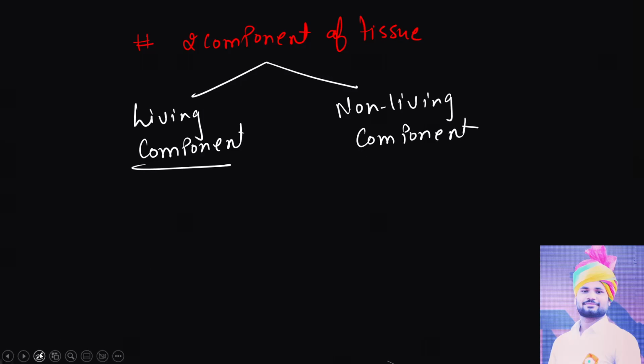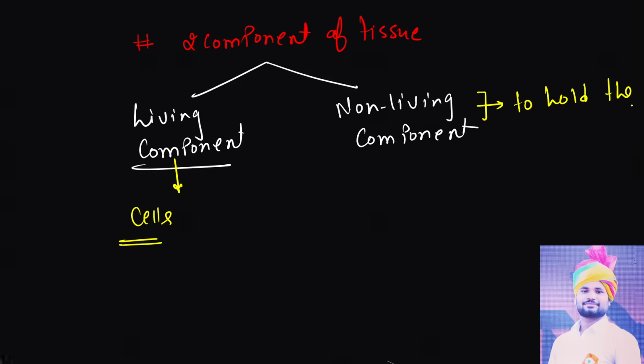As I said, and you already know, the living component would definitely be a cell or the cells. But you can think about it, this non-living component is required, it functions to hold the cells together. So that would be the function of the non-living component.